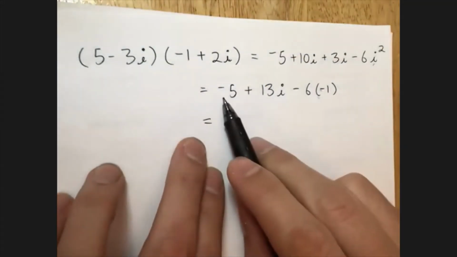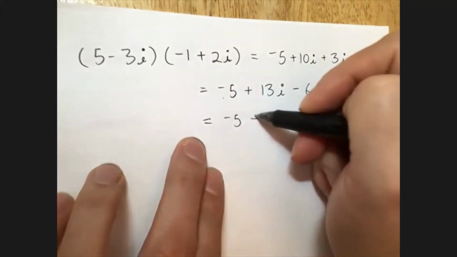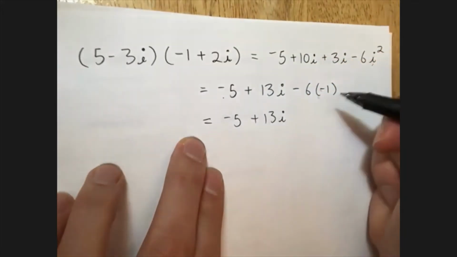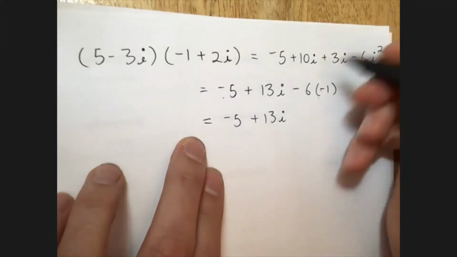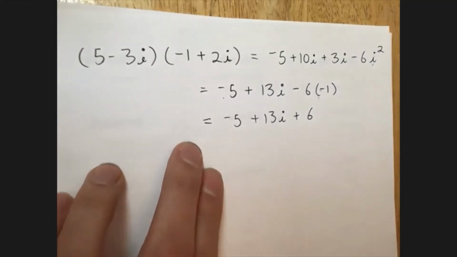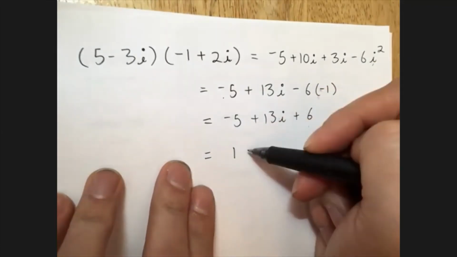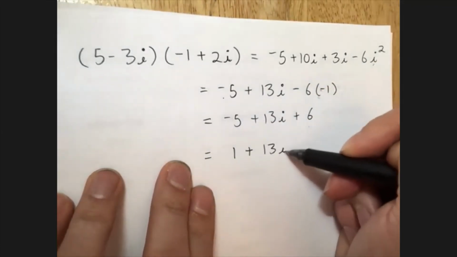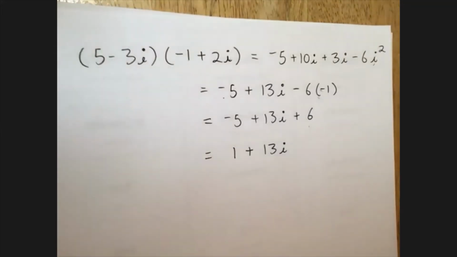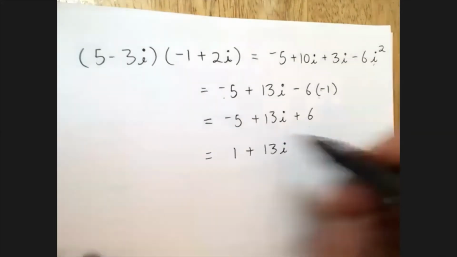So let's see, negative 5 plus 13i. Minus 6 times negative 1 is plus 6. Negative 5 plus 6 is 1. So I get 1 plus 13i. And when we write complex numbers, we always write them in the form a plus bi. All right? So this is the final answer.